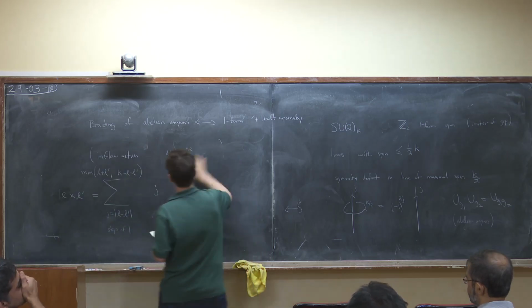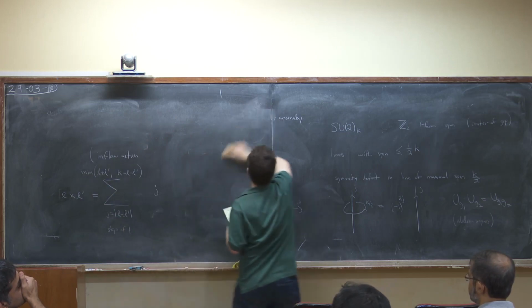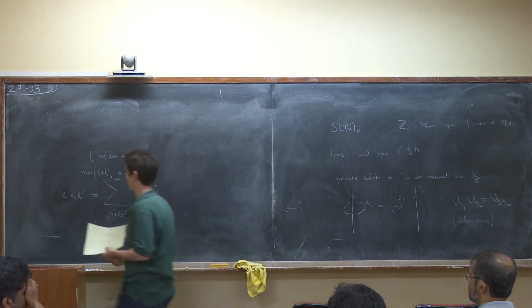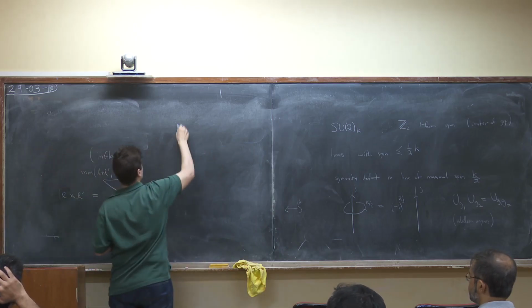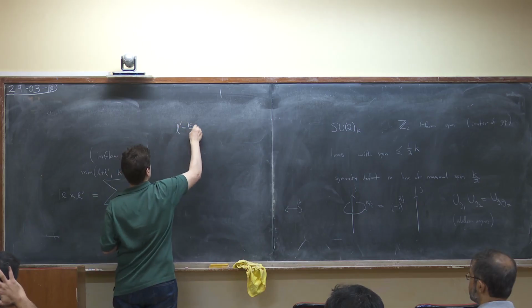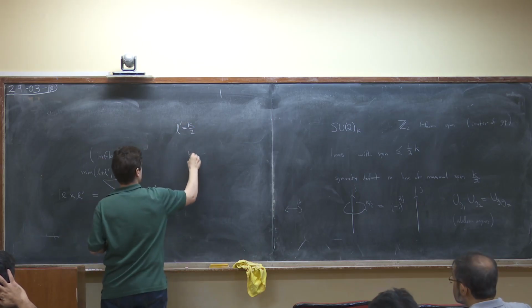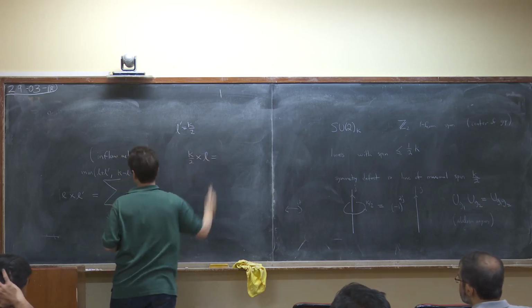Oh, I didn't mean to erase that. Oops. Okay, so let's look at what happens when we take L prime equals K over 2. Then we see that K over 2 fusion with L is what?